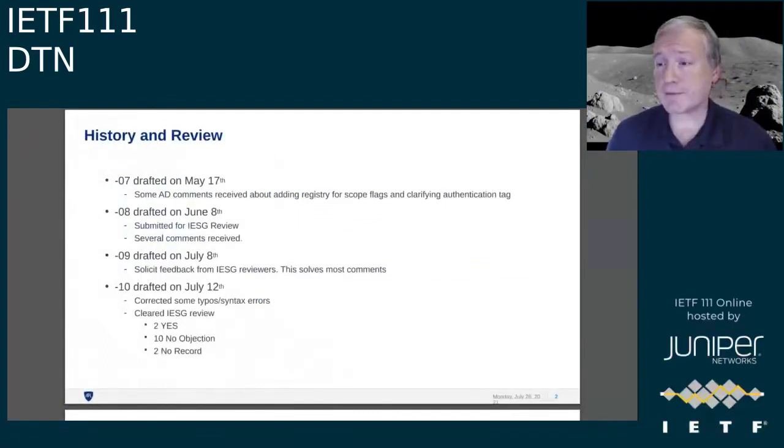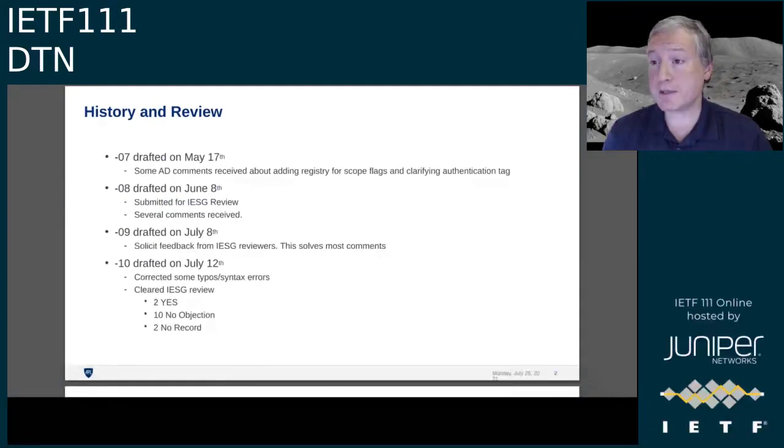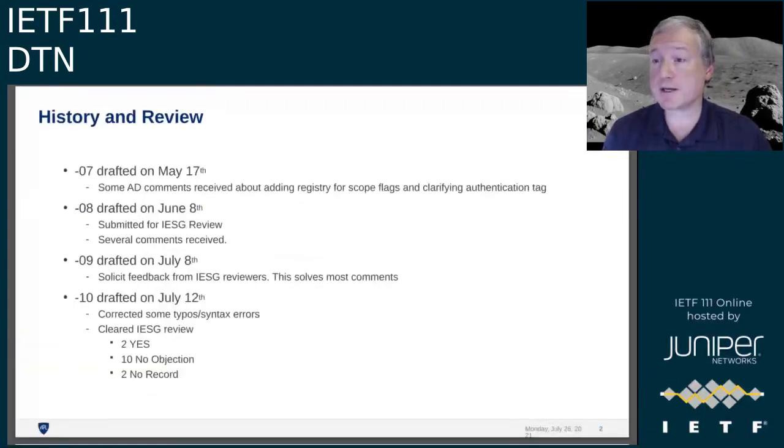So if we recall, we were putting together a package of documents for the standardization of BP version 7. We realized that we needed BP version 7 and a convergence layer and also a security protocol associated with it. And that 3-tuple was needed to go forward through IESG review.